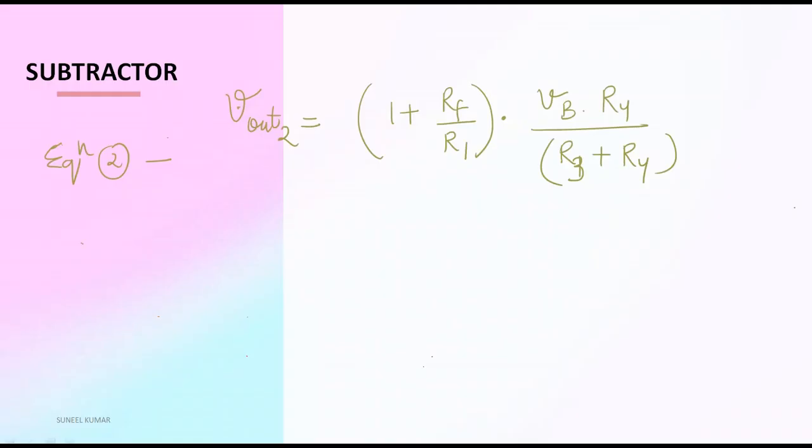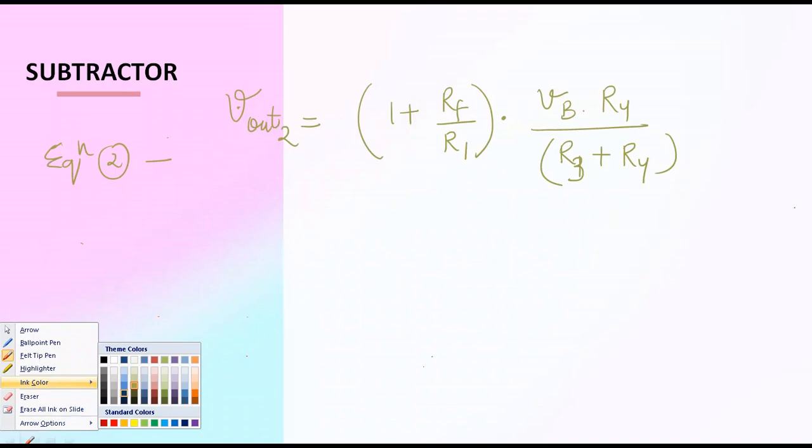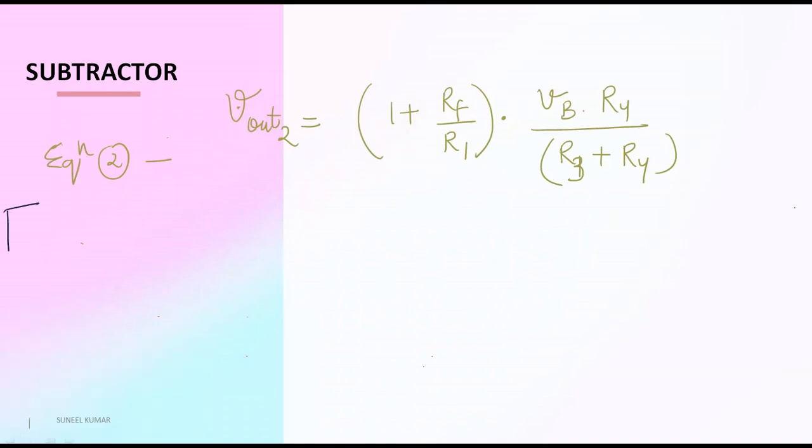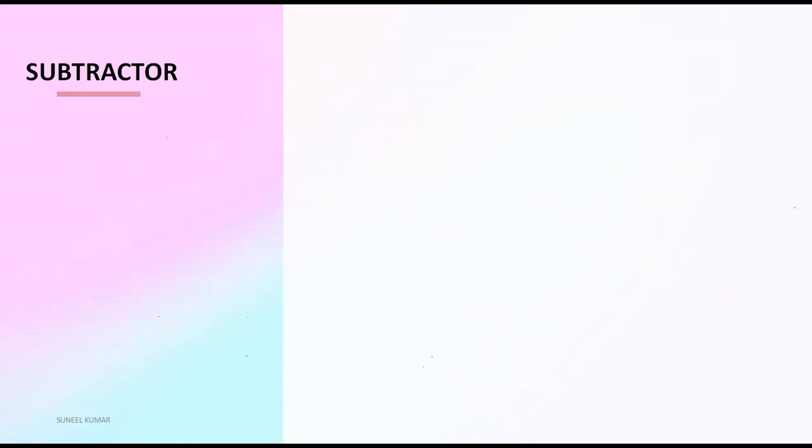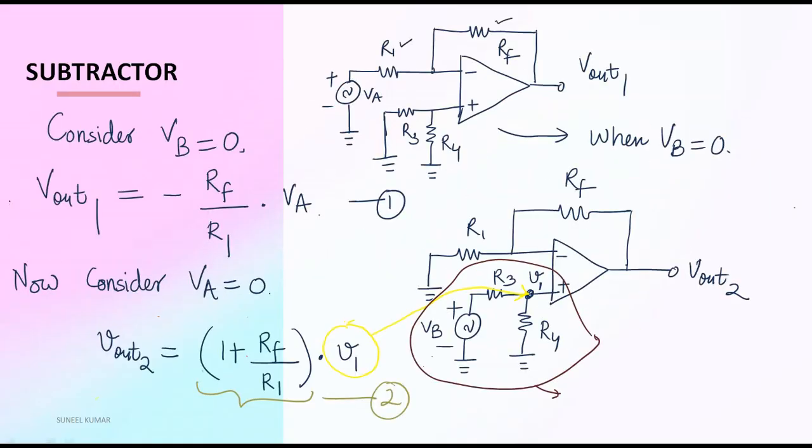So the final output, considering both of the sources, can be written as V output is equal to V output 1 plus V output 2. So this is equation number 3. What is V output 1? V output 1 is minus RF upon R1 into VA.